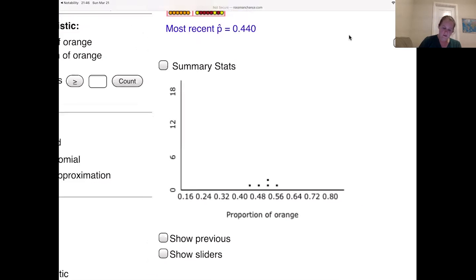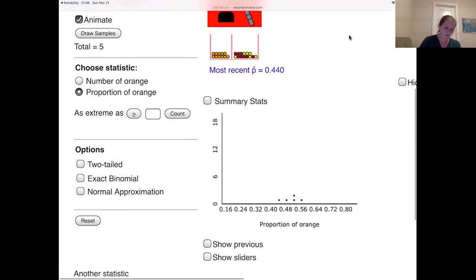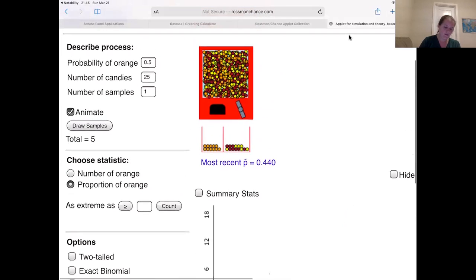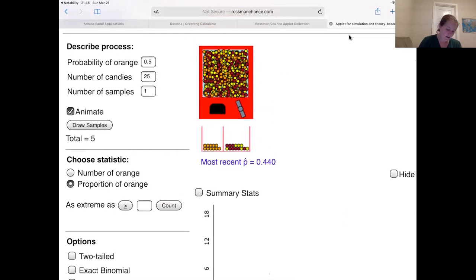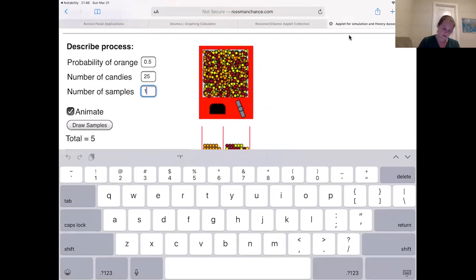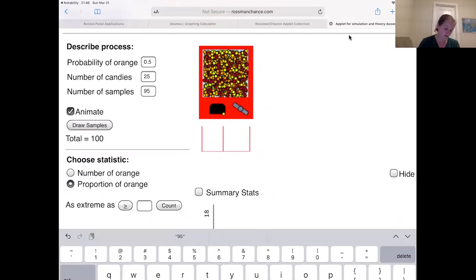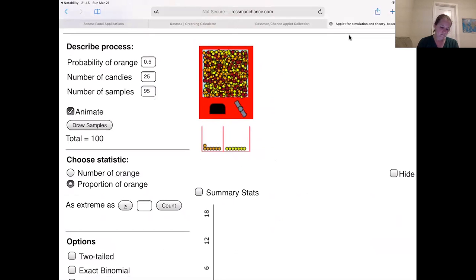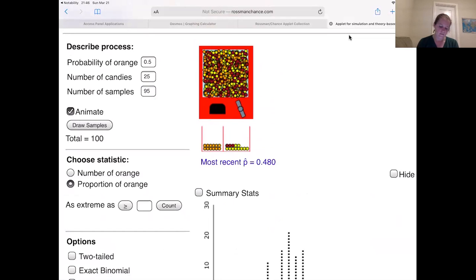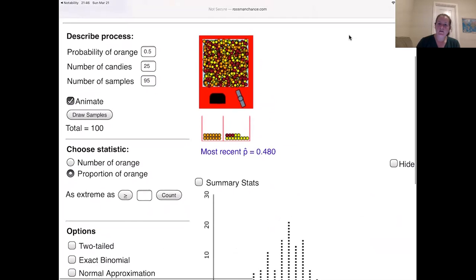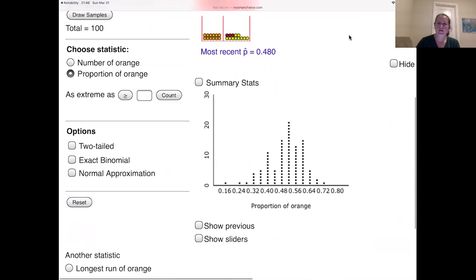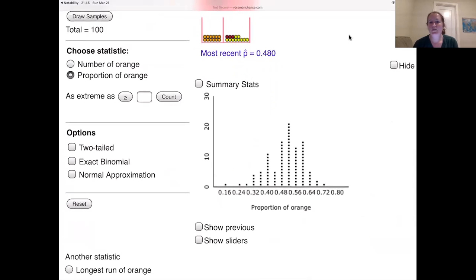So now I'm going to do the same thing, but I'm going to let this run much faster. Instead of just doing one sample at a time, let's do another 95 so that we'll have a total of 100 samples of 25 candies drawn. The very last one I just drew was 12 out of 25 again.